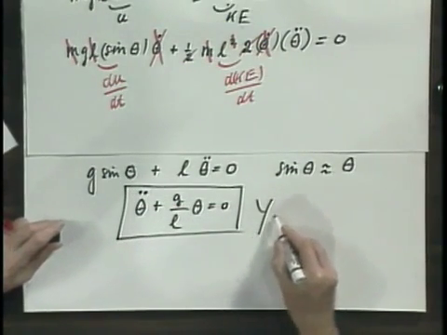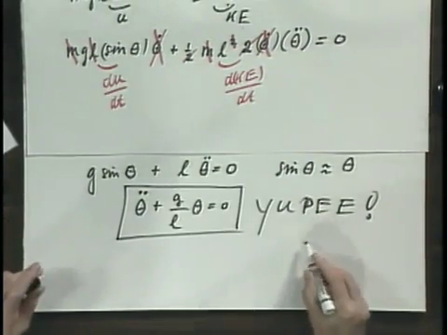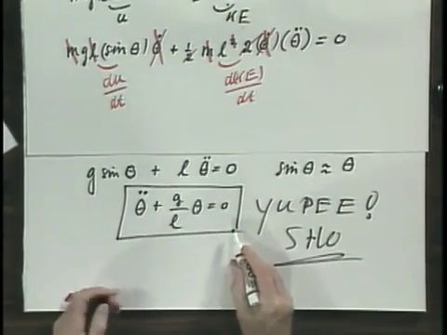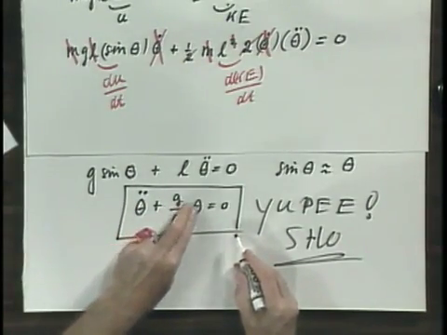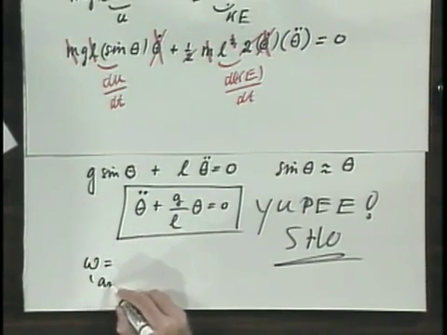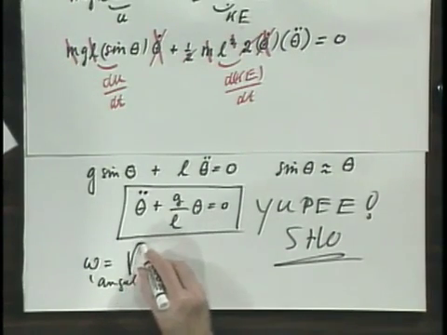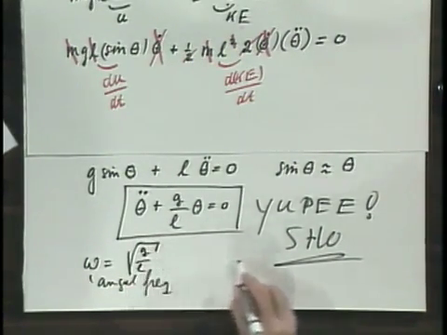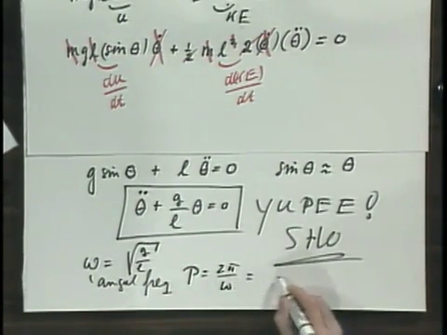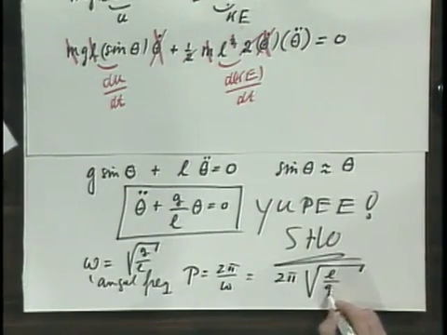And I say, yippee! This must be a simple harmonic oscillator, because I recognize immediately theta double dot plus a constant times theta is 0. And in fact, I can immediately write down that the angular frequency is the square root of g over L, and the period of oscillation, which is 2 pi divided by the angular frequency, equals 2 pi times the square root of L over g.